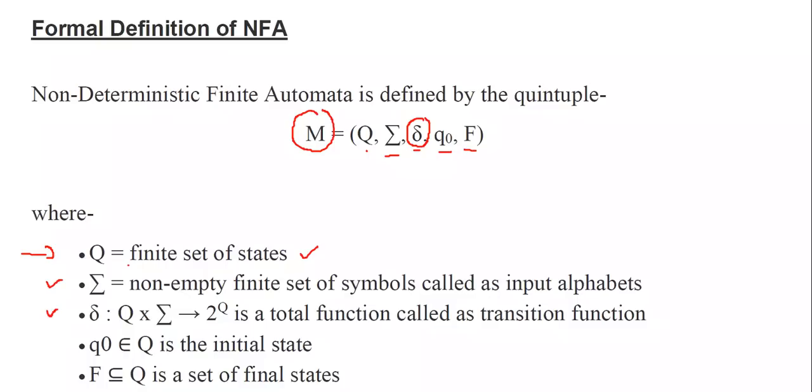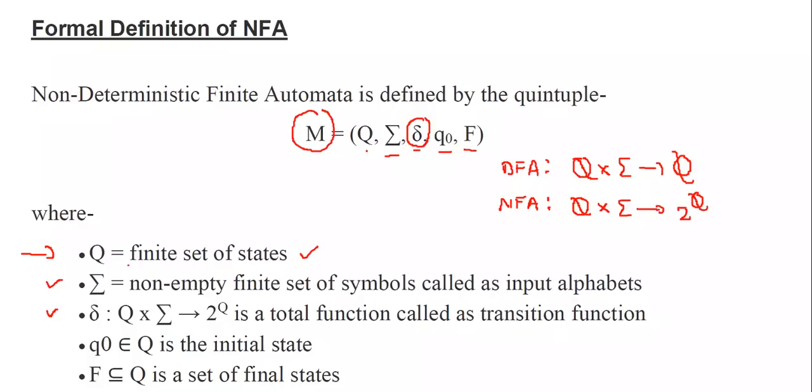Now the definition of delta will be changed. In a DFA, on one state with one input symbol, you are going to only one state in Q. But when it comes to the NFA, you take one state from Q and one input symbol from sigma, and you are going to 2 power Q states.